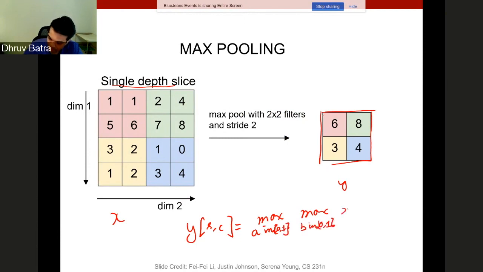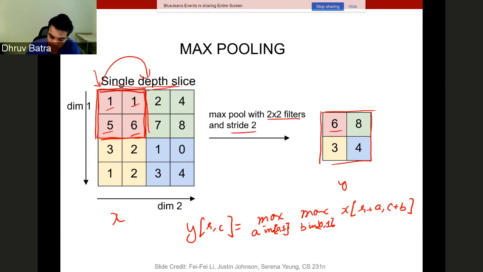So this is the max of X of R plus A, C plus B. There is no W, there is no multiplication, but I just take my filter. If I'm doing 2 by 2 pooling, I place my filter. There is no actual parameter there, but I consider a window of 2 by 2 at the 0, 0 pixel location, consider these 4 pixels, and store the max value here. Then I slide it over by a stride of 2 to this next location, take the max of all of these, place it at this pixel, and repeat this.